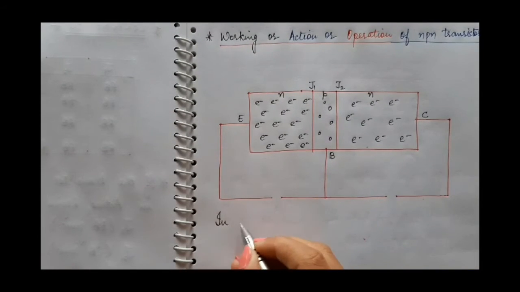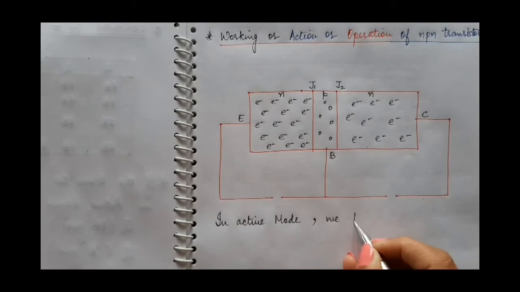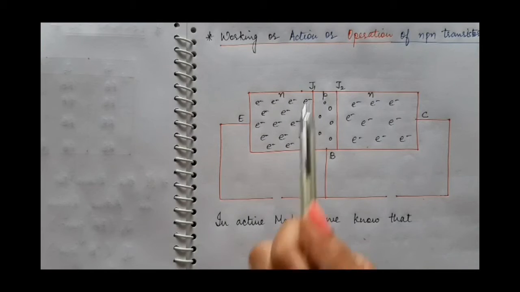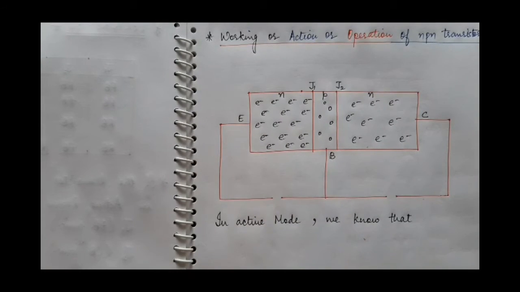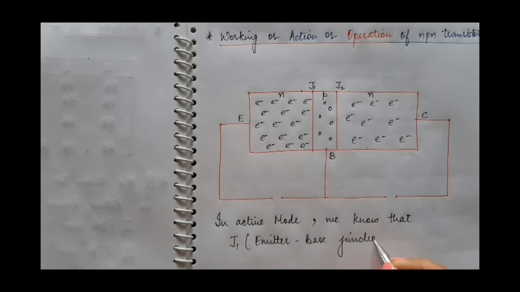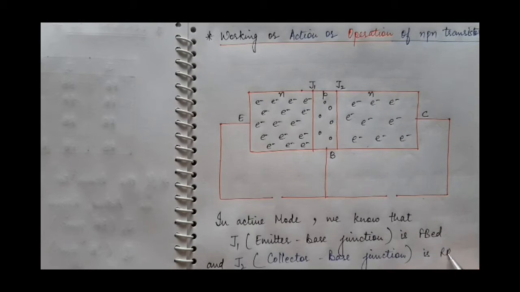So in active mode, we know that junction J1, that is the emitter base junction, is forward biased, and junction J2, which is the collector base junction, is reverse biased.